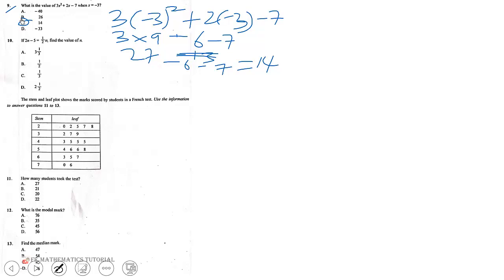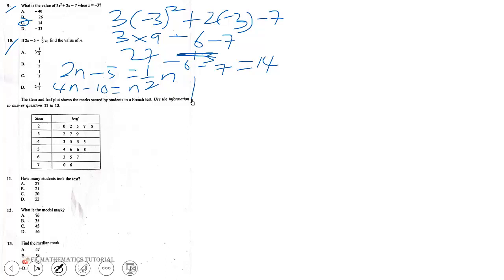Number 10. If 2n minus 5 is equal to 1 over 2n, find the value of n. So 2n minus 5 is equal to 1 over 2n. So we multiply through by 2 to get 4n minus 10 is equal to n.